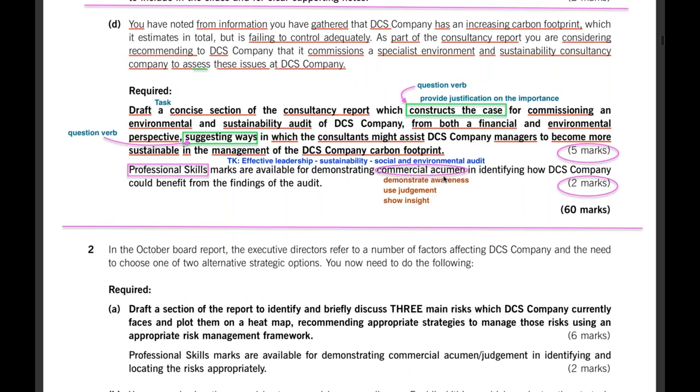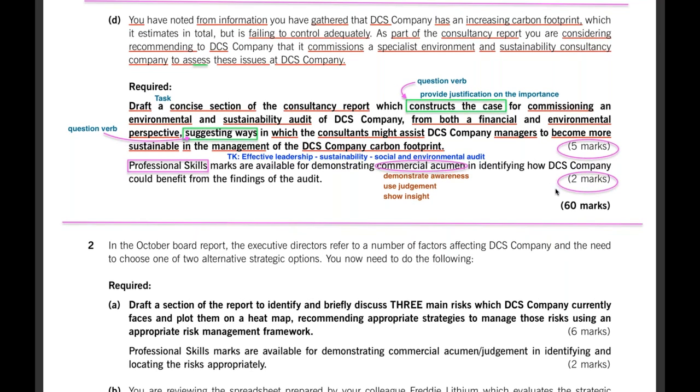If you are able to demonstrate this particular commercial acumen in the context of answering both of these, because you know you are able to demonstrate how important it is for DCS now as a public limited company, compared to before when they were just a private company, you will be able to get that particular full marks for your professional skills.